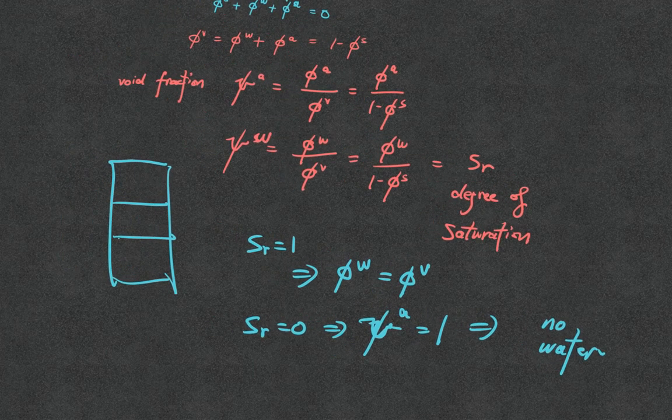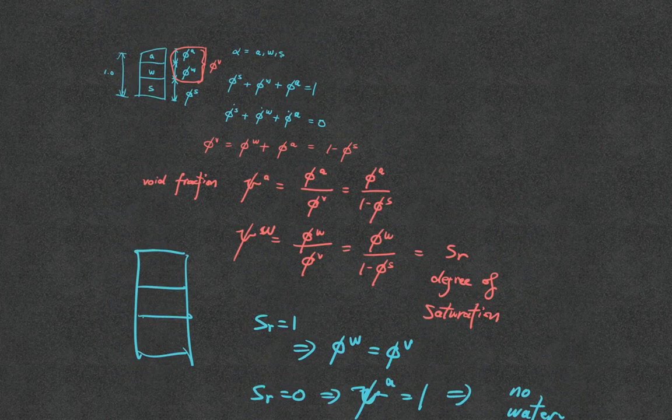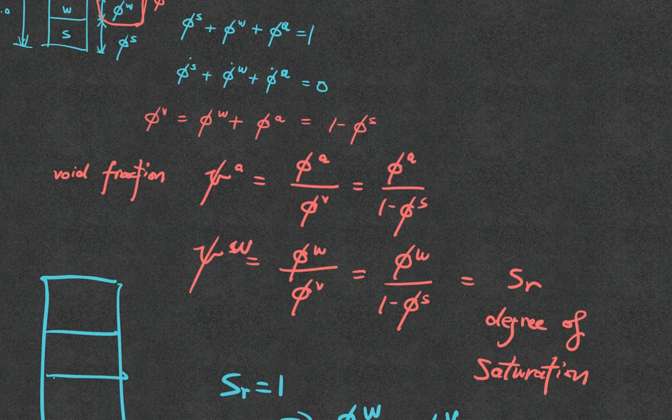Now this also has an important relationship. If I add the two things together, the void fraction of air plus the void fraction of water is equal to 1. So what is the void fraction of solid?